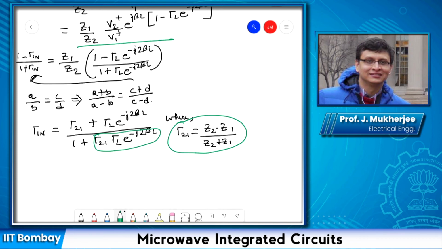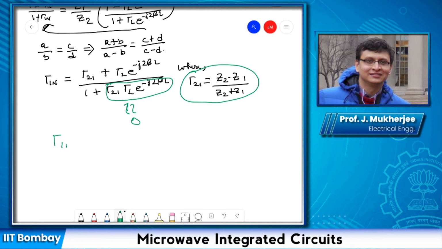So if this mismatch between Z2 and Z1 is very small, then this quantity can be approximated to be 0, and then my gamma in becomes simply approximately equal to. I should use the approximation sign.